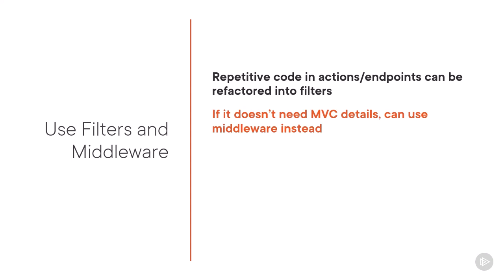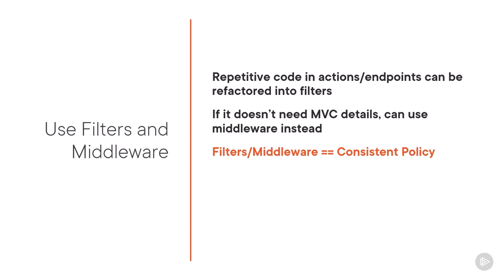You should think of filters and middleware as your go-to feature for applying consistent policies to your web APIs. Don't rely on developers remembering to perform certain actions in code. Instead, make common cross-cutting concerns part of the application as a whole by using these tools and techniques.